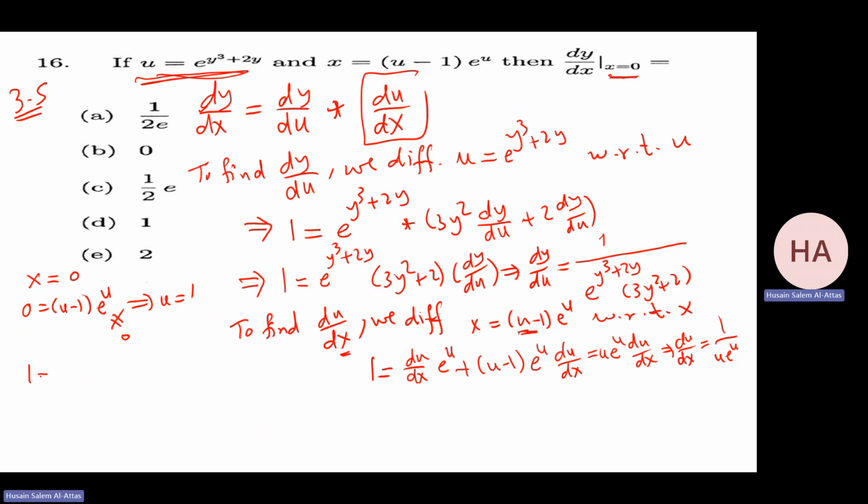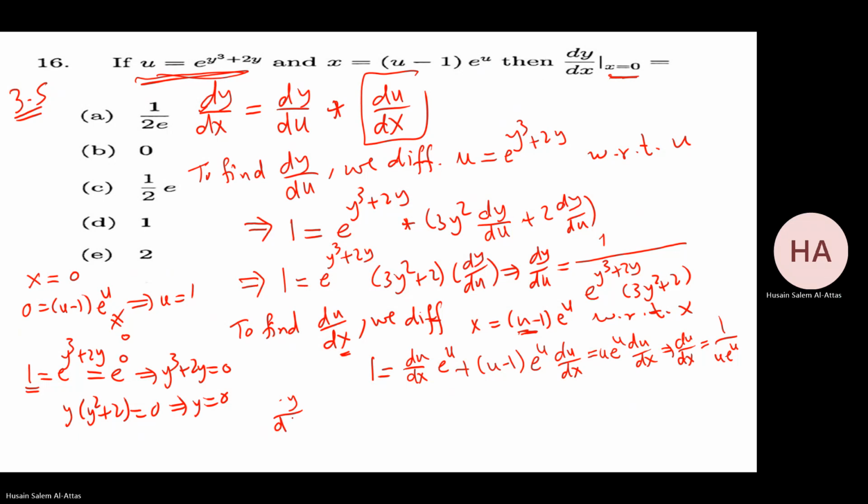I have 1 equal y cubed plus 2y, since it's 1, that will be e to the power 0. So I have y cubed plus 2y equals 0, which is y squared plus 2 equals 0. So I have y equals 0. Now dy by dx equal what?